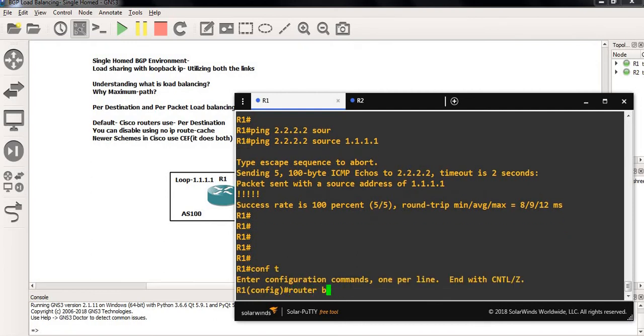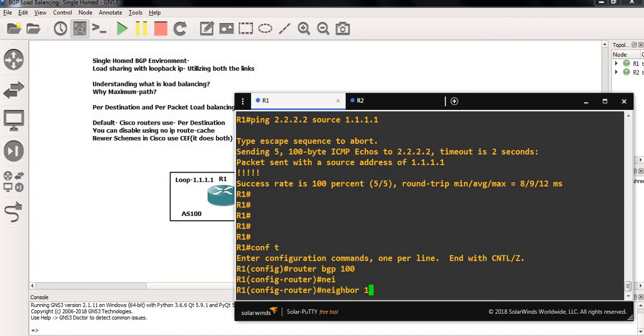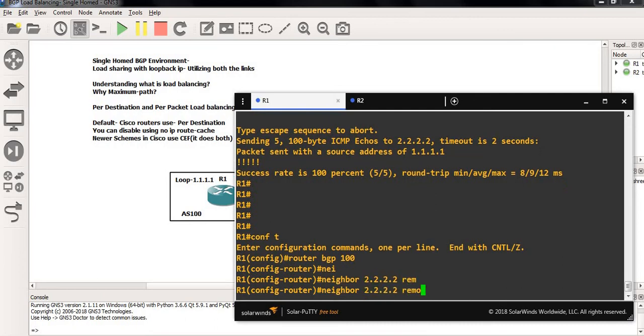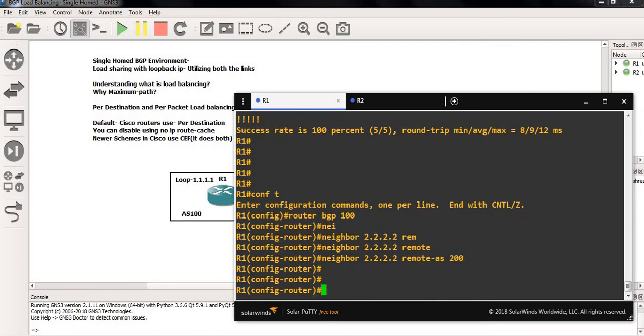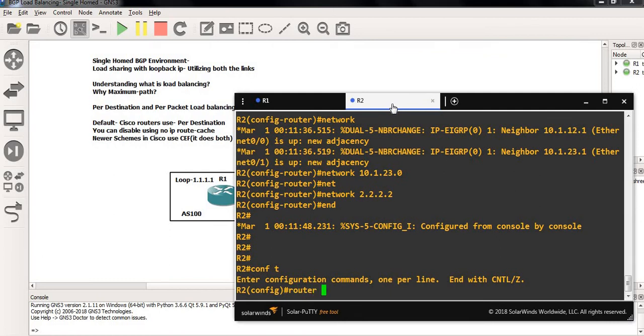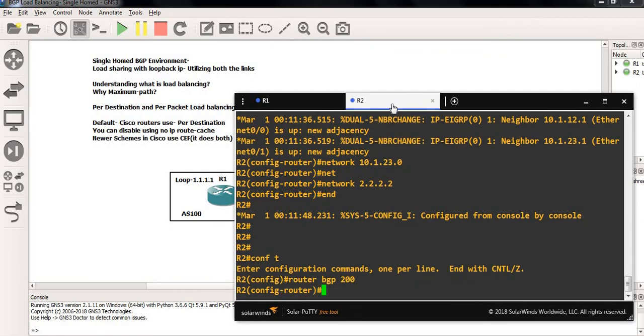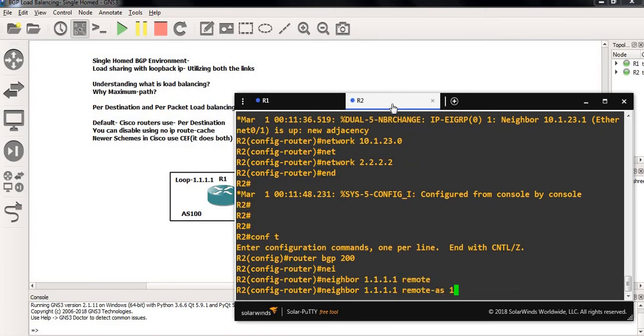Router BGP 100, neighbor 2.2.2.2, and remote autonomous system is 200. Okay, let me do similar configurations here. Conf t, router BGP 200, neighbor 1.1.1.1, remote autonomous system is 100.